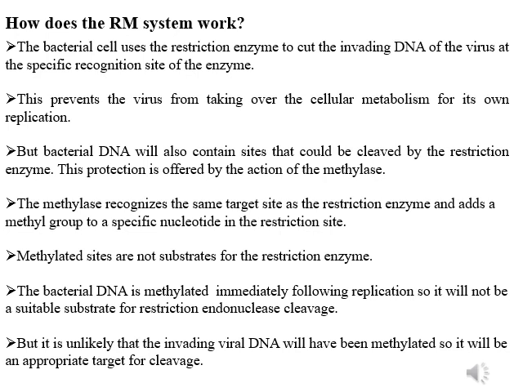So the bacteria protect their own DNA at such sites by methylating the particular substrate, so that the restriction enzymes will not identify and cleave their own DNA. They should only specifically target the foreign DNA. So this protection is offered by the methylase, which methylates a particular substrate at the restriction sites, if they are present on the bacterial DNA, immediately after the DNA replicates.